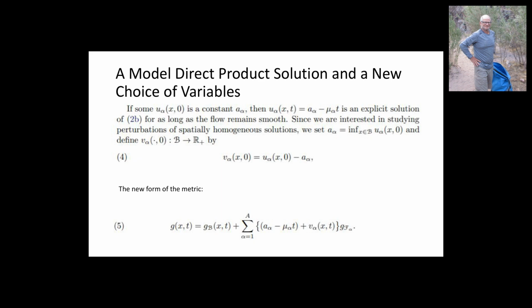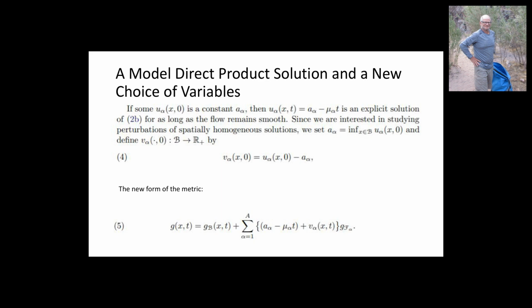Since we want to look at metrics which are perturbations of these special homogeneous solutions, we're going to set A alpha as the infimum over the base of the u alphas. We want to find a new function which we call v alpha, again a positive function on the base manifold. So we write v alpha as u alpha minus A alpha, here written as initial data.